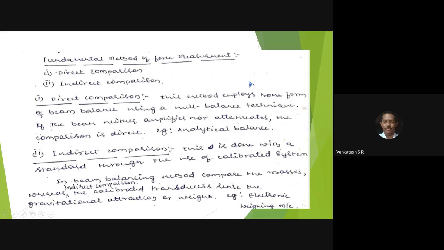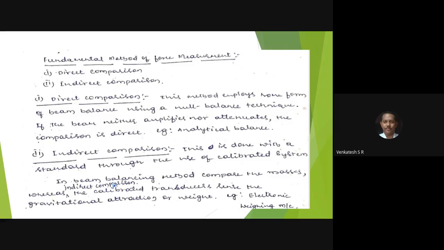A good example of this is the analytical balance, which you already used in the chemistry laboratory. Next, the indirect comparison. Indirect comparison means two or more translations are present, and that translation can be used as the result of the measurement. Consider the example of the electronic weighing machine. There is a platform on which you keep the unknown magnitude, for example, 1 kg of sugar.